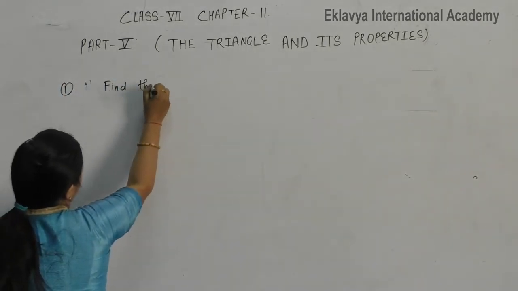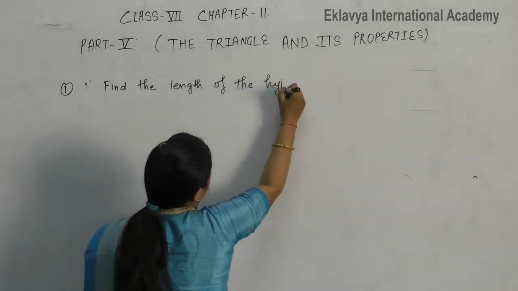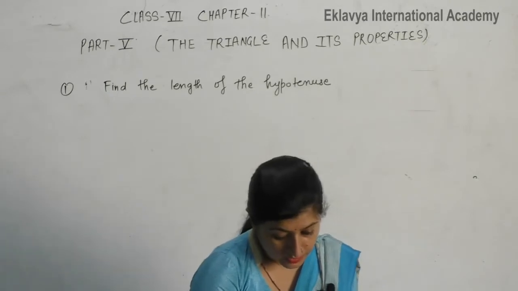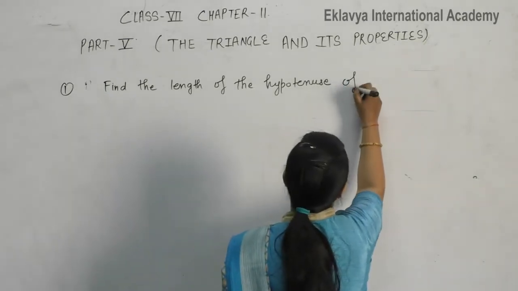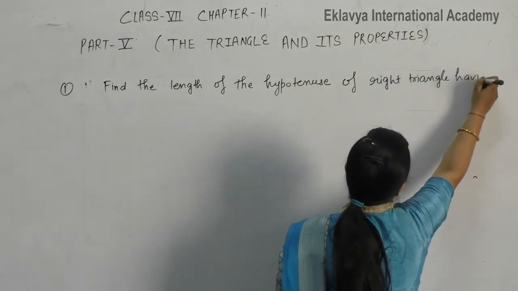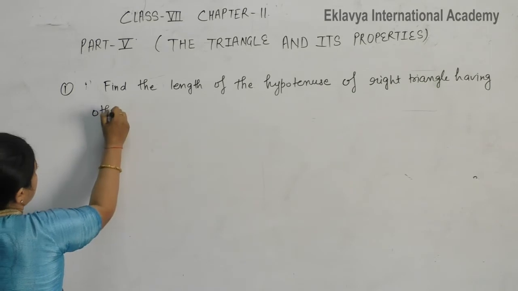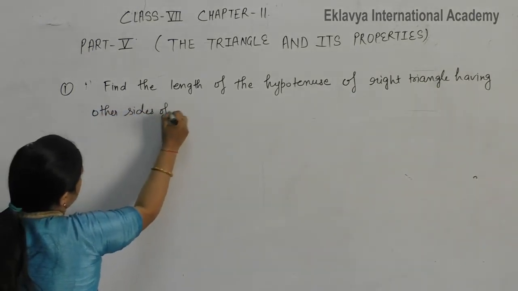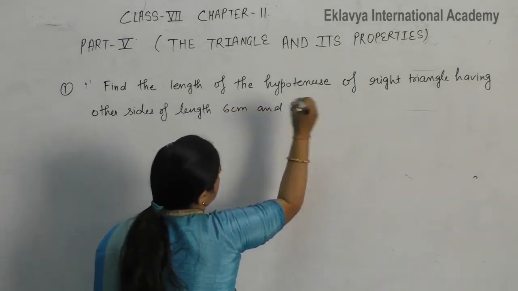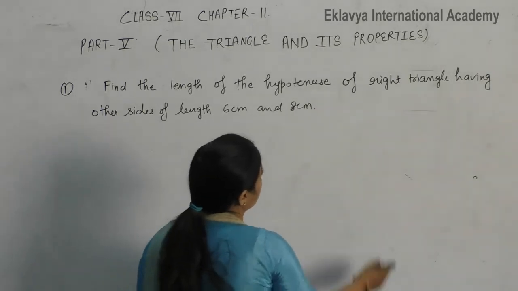Find the length of the hypotenuse of a right triangle having other sides of length 6 centimeter and 8 centimeter. Then firstly draw the figure for this.